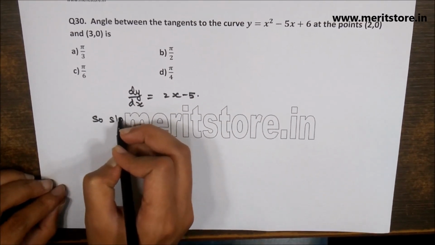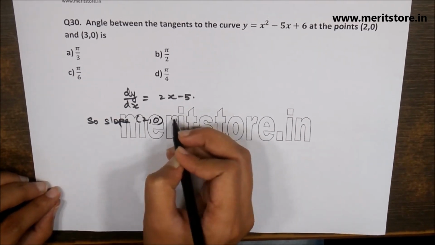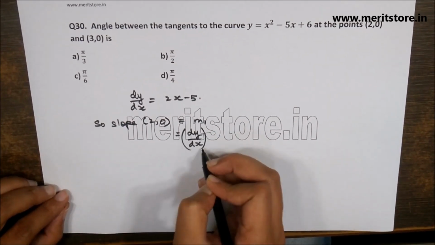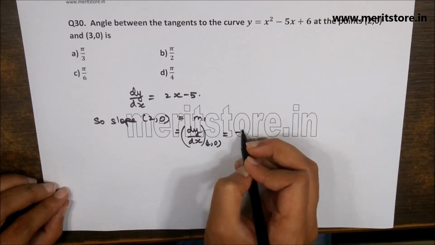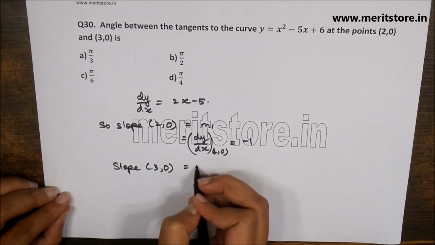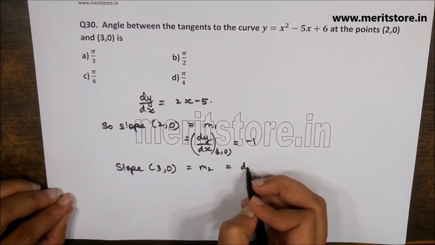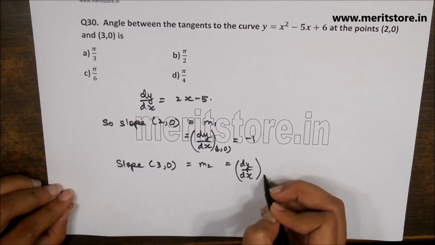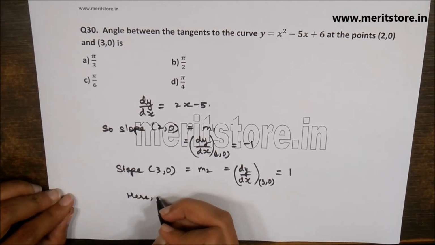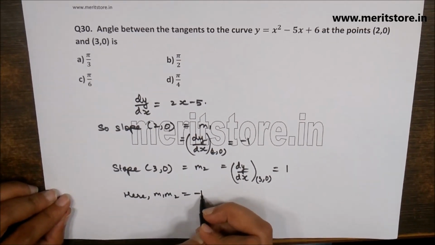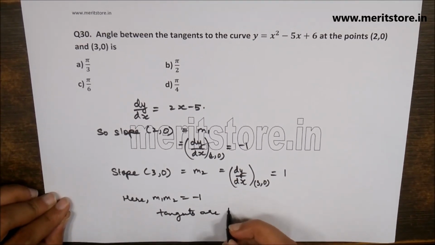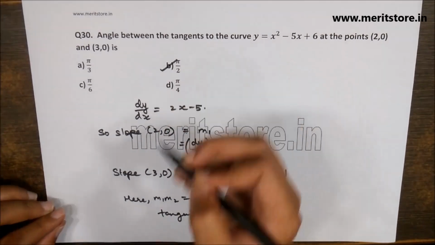So slope at 2 comma 0 is m1, which is equal to dy by dx at 2 comma 0, which is equal to minus 1, and slope at 3 comma 0 is m2, which is equal to dy by dx at 3 comma 0, which is equal to 1. Here m1 m2 is equal to minus 1, so tangents are perpendicular, therefore angle between them is 90 degree, pi by 2.